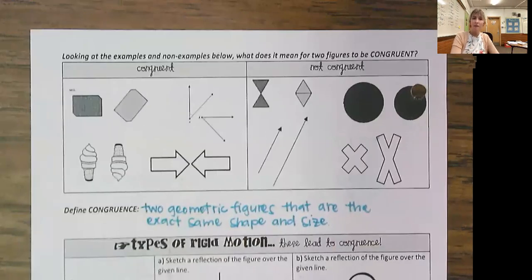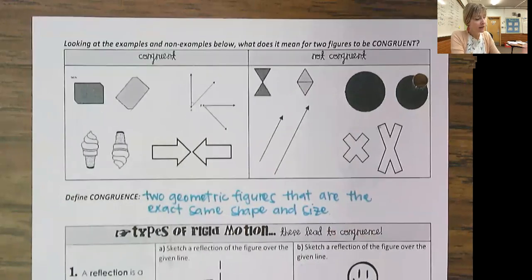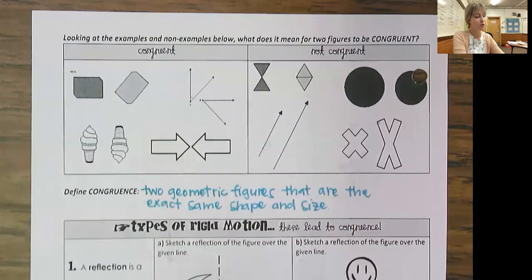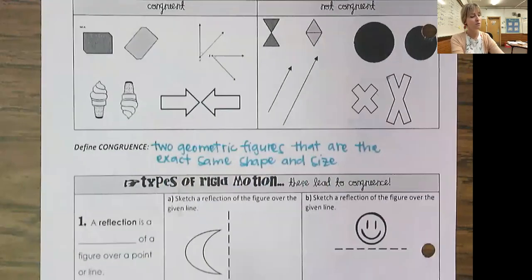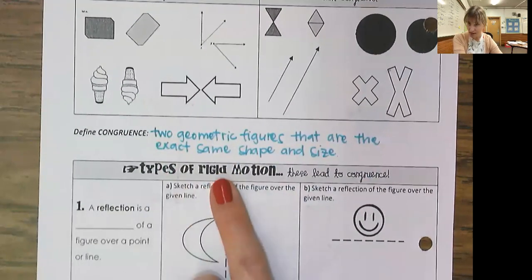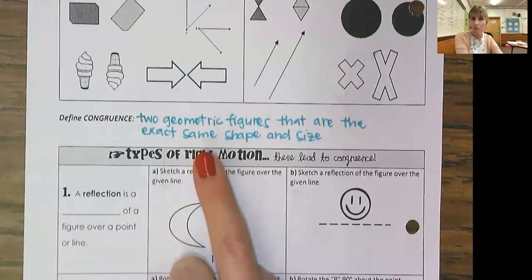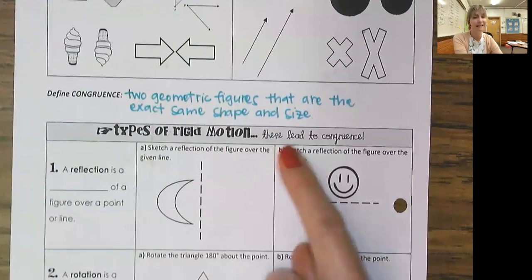And we'll get more specific on that and what creates congruence as we move forward. But two geometric figures that are the exact same shape and size is congruence. If you have these type of things that create a congruent figure, we also call those rigid transformations or rigid motion, because they lead to congruence.